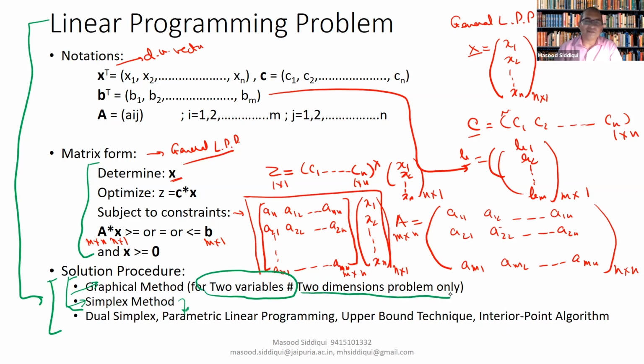If the number of variables or dimensions is more than two, then obviously the graphical method cannot be used. In that case, we use the simplex method, which is useful for any type of situation. So that will be our main method. But just to develop the concept, we will discuss what we mean by the graphical method.